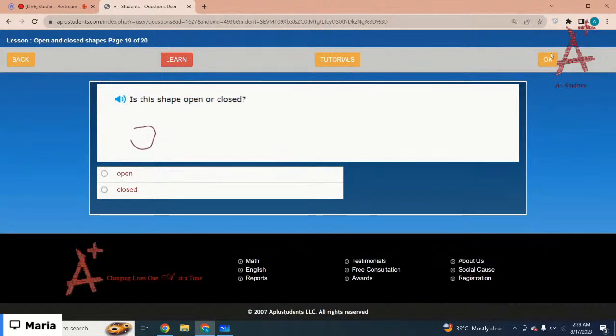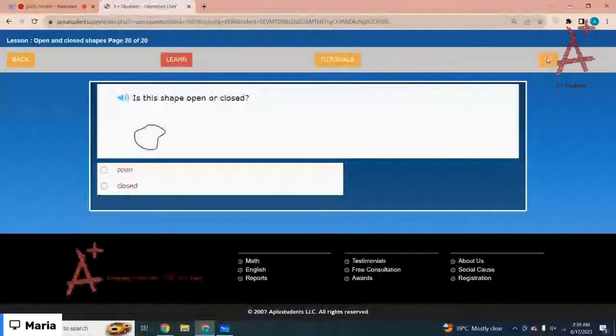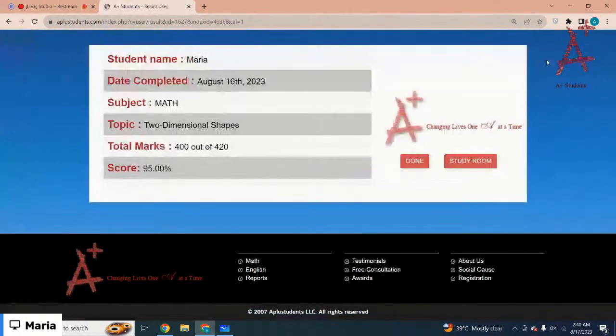Is this shape open or closed? Open. The correct option is open. Is this shape open or closed? The correct option is closed. And also, we are done with the lesson.